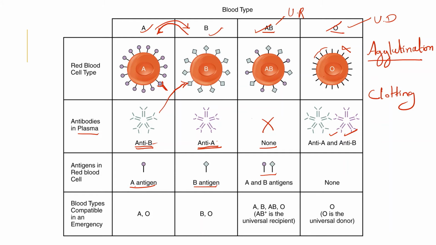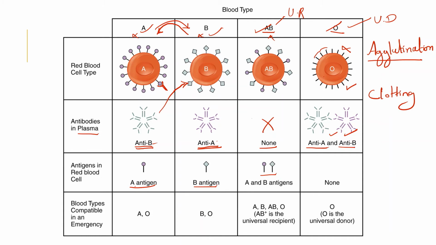In case of a person who has blood group O, as there is no antigen but both the antibodies are present in the plasma, a person who has blood group O cannot accept blood from A, B or AB, and he can accept blood only from a person who is O. That's why people who have blood group O are advised to donate blood regularly to keep their own blood group in reserve.